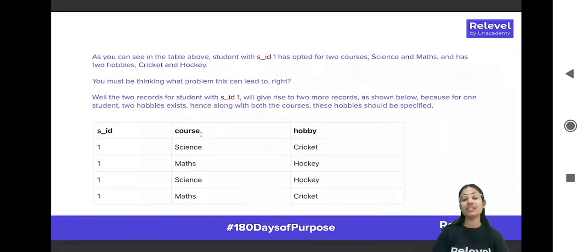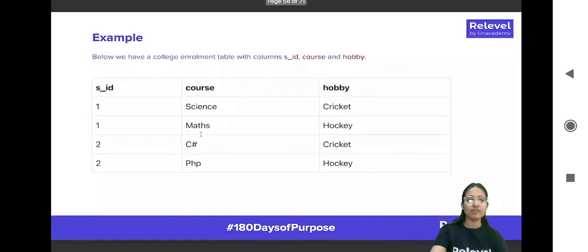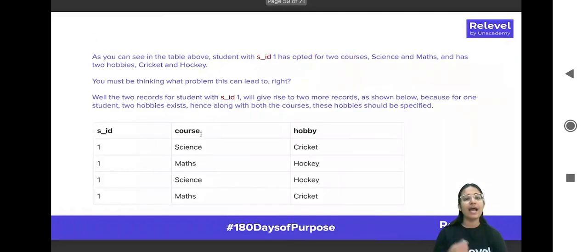As you can see in the table, the student with student ID 1 has opted for 2 courses, science and maths, and has 2 hobbies as well, cricket and hockey. Now can you think of what problems this kind of structure can lead to?